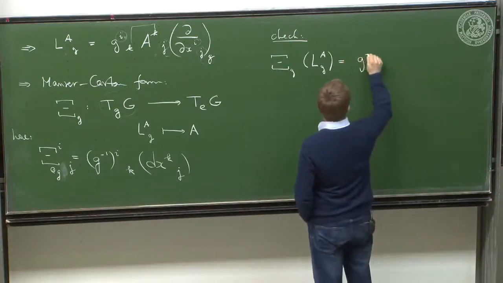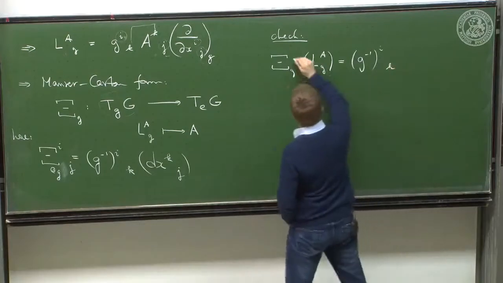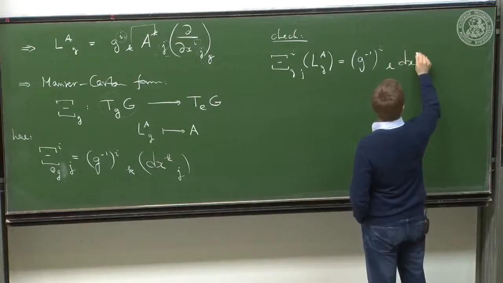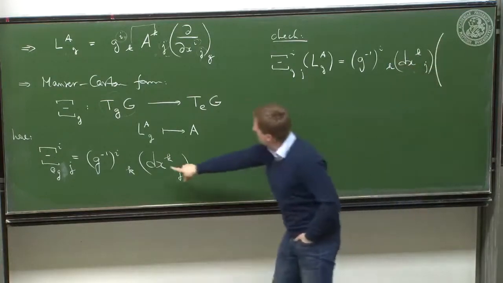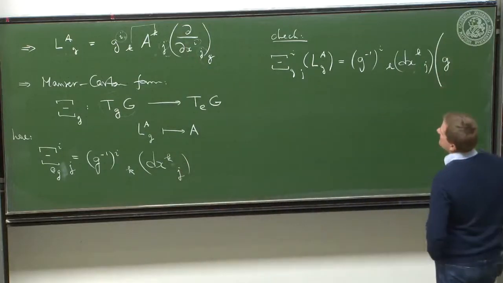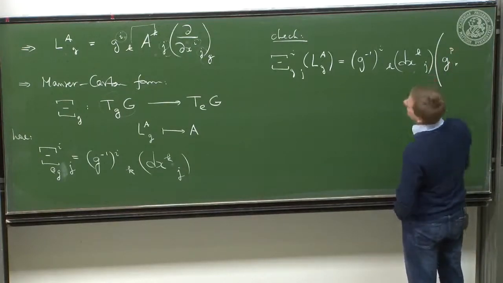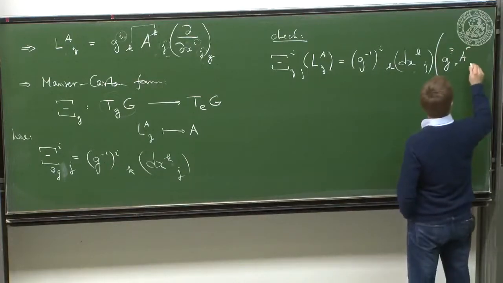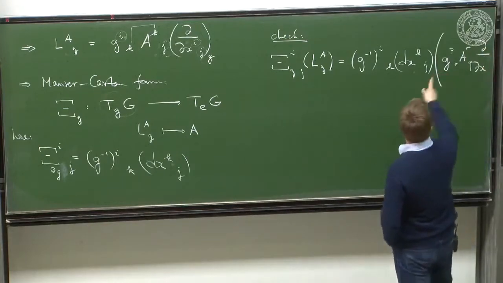This is G inverse of IK dx_kj and I feed into this one form, I feed this vector. I feed into this in this vector, but now I need to choose different dummy indices. So G_PR A_RQ d by dx_PQ.